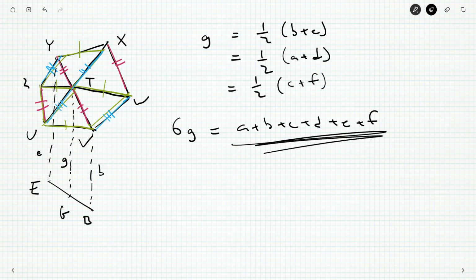Interesting, interesting. Okay. So that's fine. So the thing I want to maximize would be a quick calculation away if I can figure out what G is.